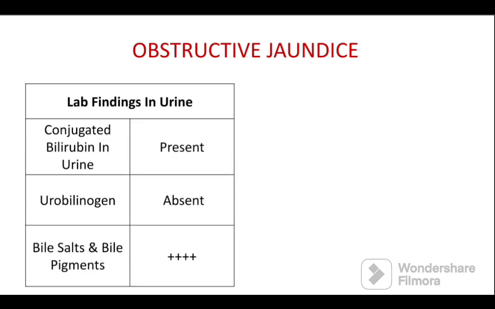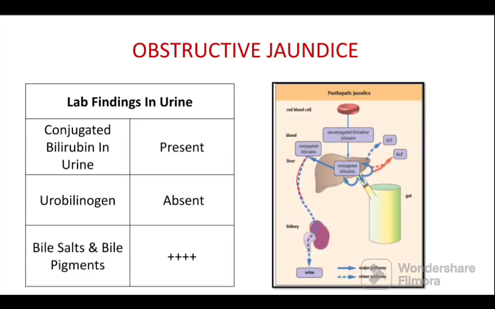And also there will be conjugated bilirubin present in urine. Conjugated bilirubin is present in both hepatic as well as obstructive jaundice, but it is absent in prehepatic jaundice.